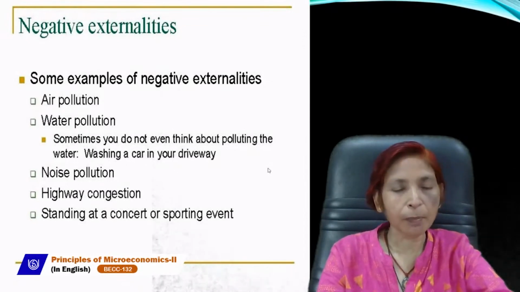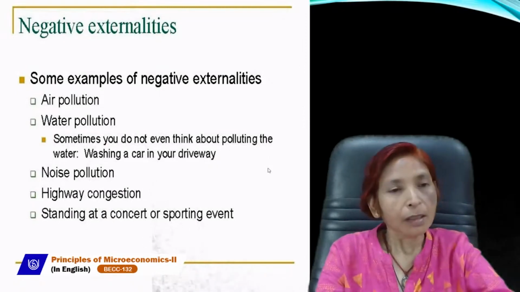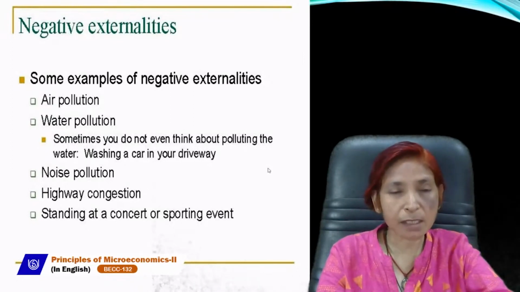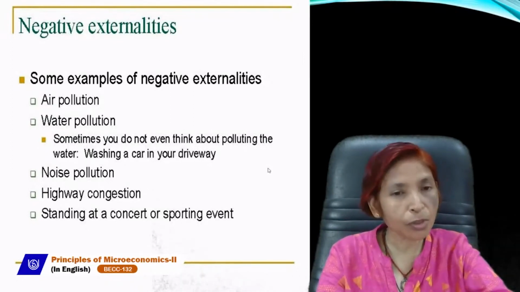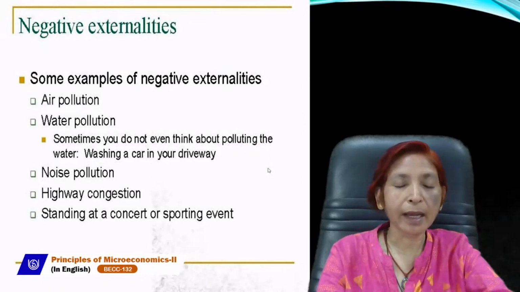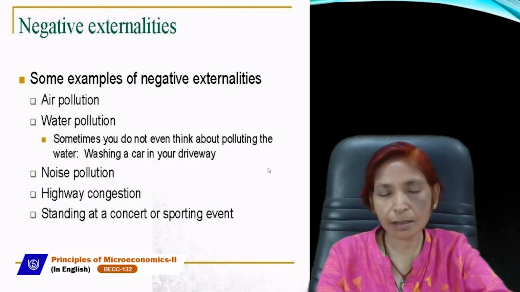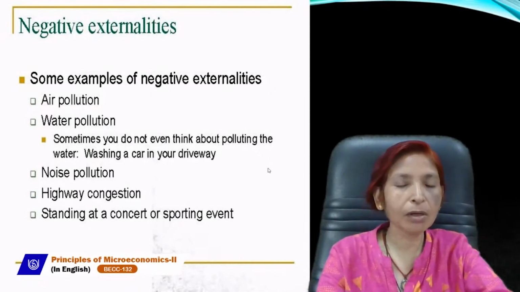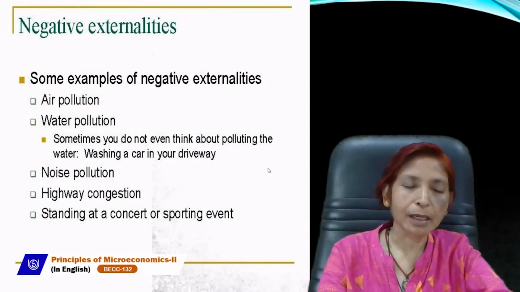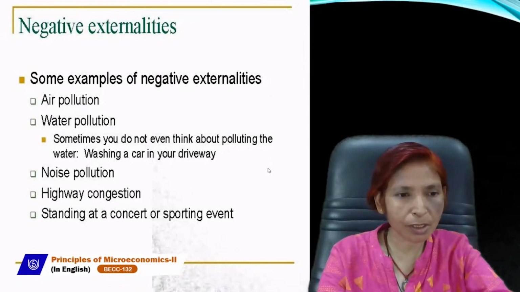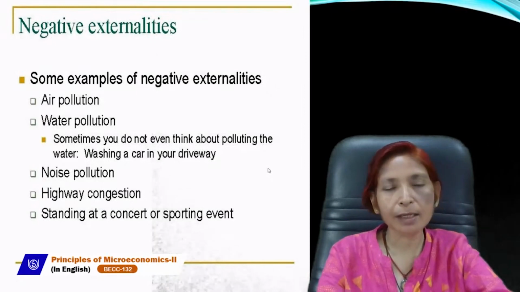So if a person is engaged in an industry and that industry creates a lot of pollution and releases it into the environment, then the act of that person or industrialist affects others in a negative way. That is called negative externality. So air pollution, water pollution, noise pollution, all types of pollution are the best examples of negative externalities.